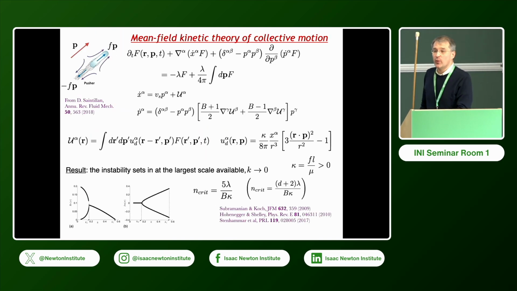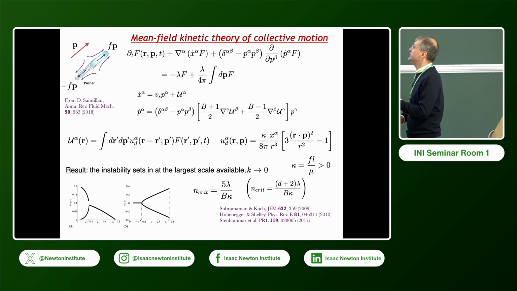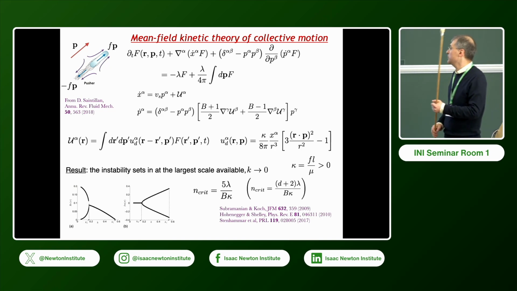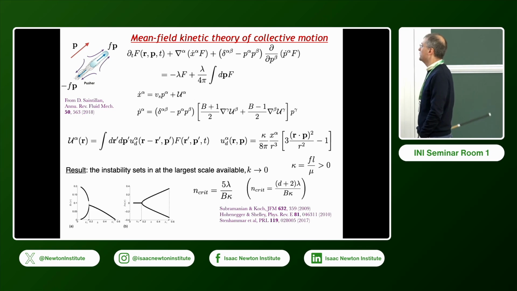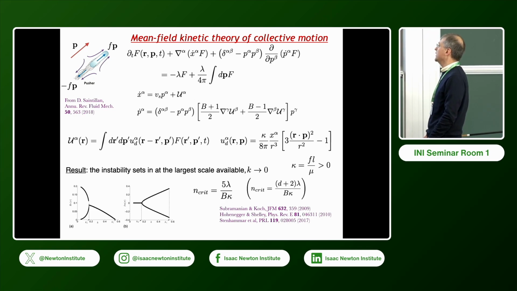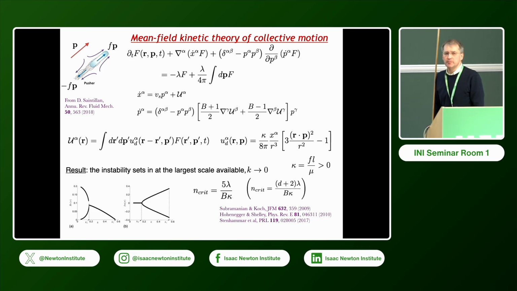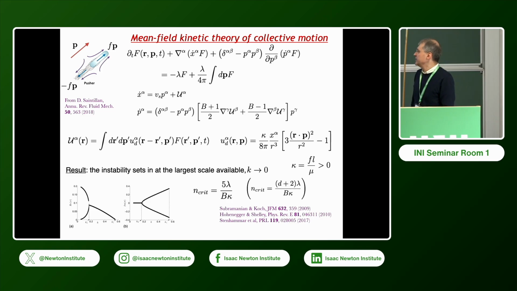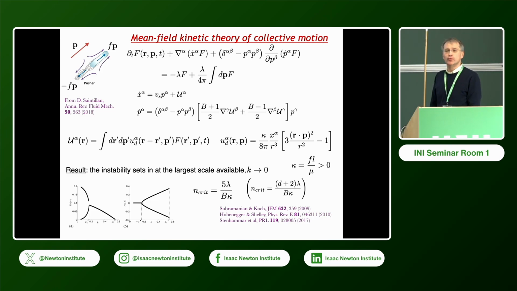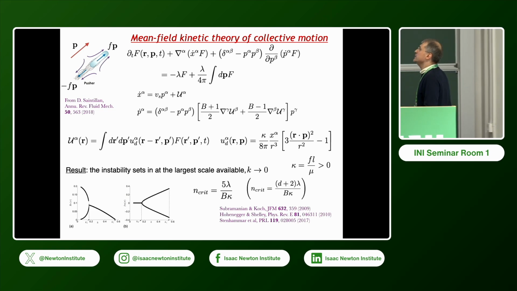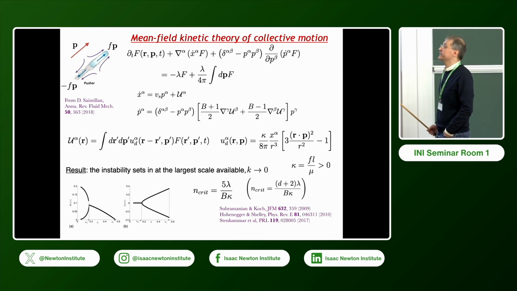So the way one typically deals with the appearance of such collective motion is a series of works from various groups. The original contribution, I believe, in this particular setting was David Saintillan and Mike Shelley, who introduced a description in terms of kinetic theory.